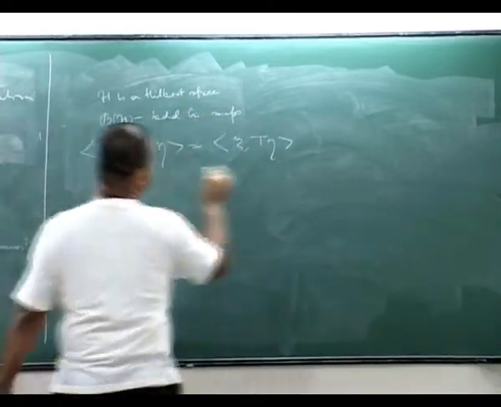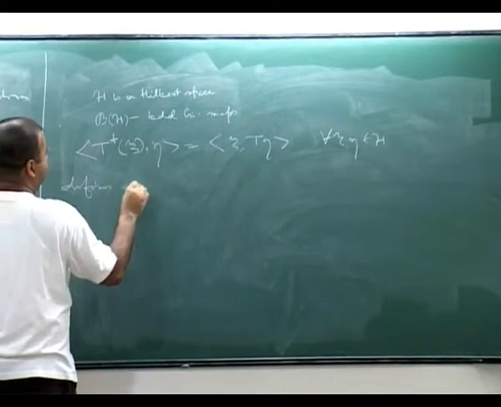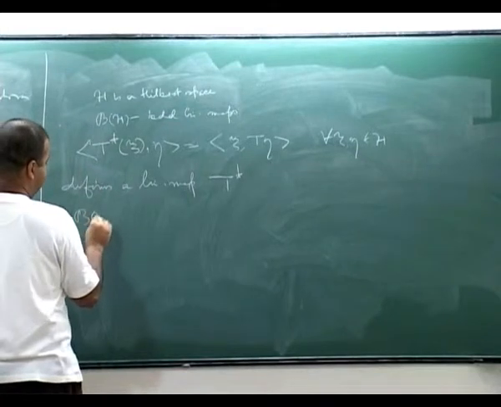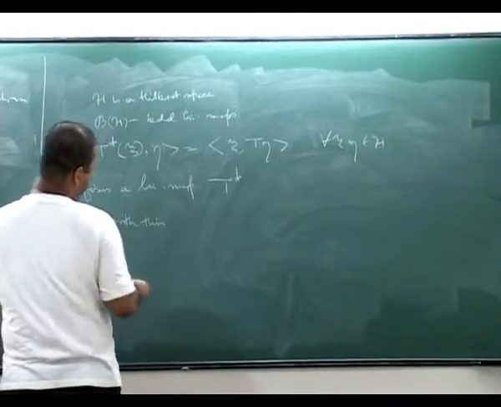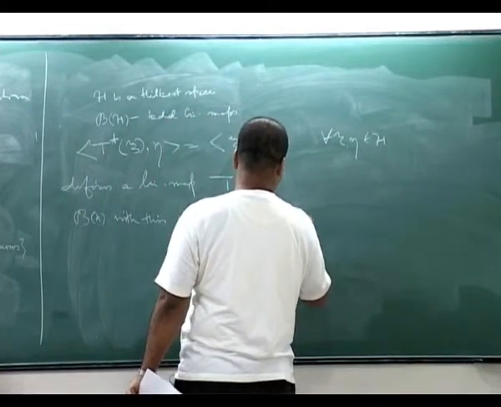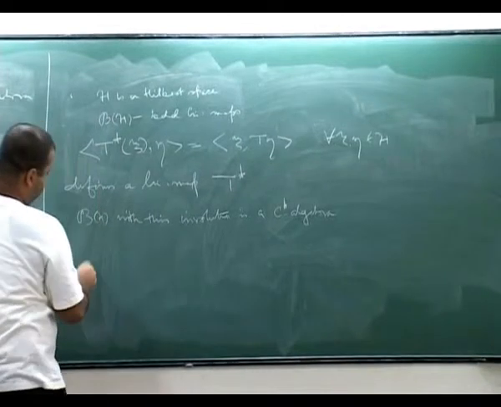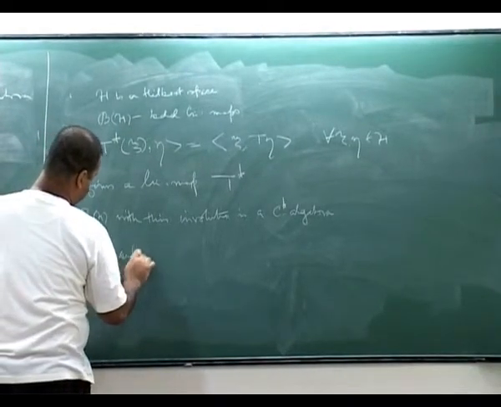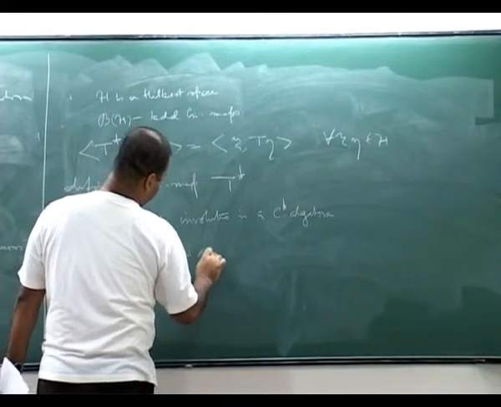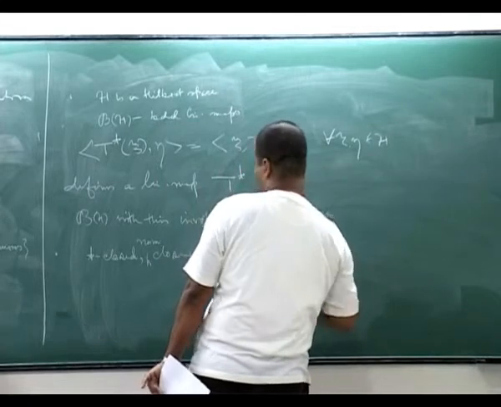This prescription for all xi, eta defines a linear map T star, and so B(H) with this involution is a C-star algebra, and so you can consider star closed, norm closed subalgebras of B(H), they are also C-star algebras.